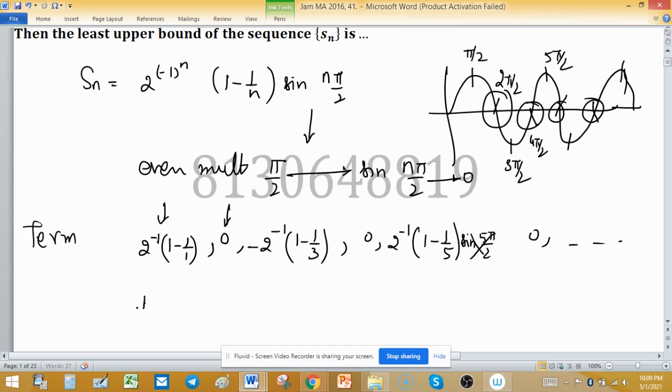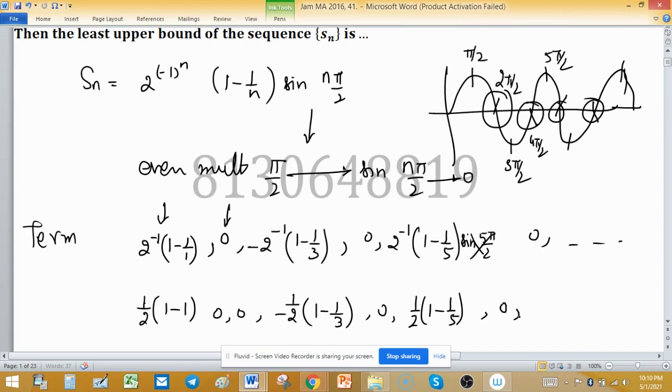So this is 1 upon 2, 1 minus 1. So first term is 0, second term is 0, third term is minus 1 upon 2 into 1 minus 1 upon 3, 0 again, 1 upon 2, 1 minus 1 upon 5, 0 and so on.